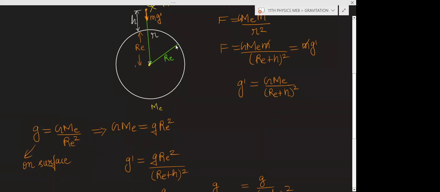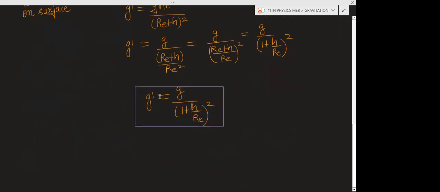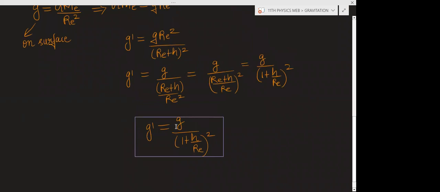So finally we got this formula: G dash is equal to G divided by 1 plus H by RE, whole squared. You should know what is G dash, what is G, what is H, what is RE.